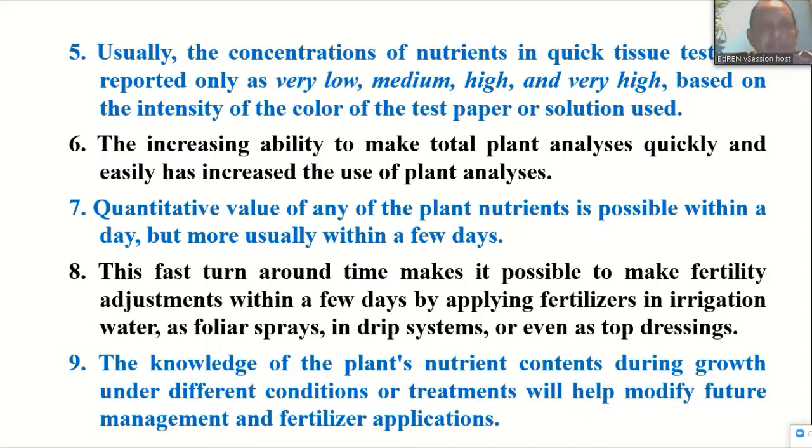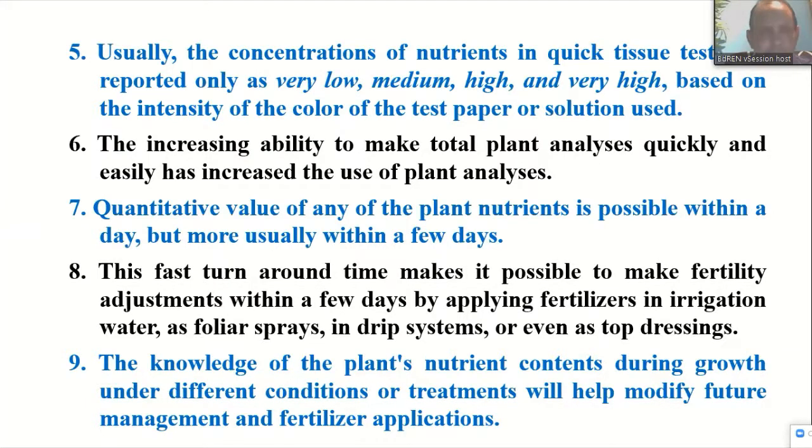Increasing ability to make total plant analysis quickly and easily has increased the use of plant analysis. That means total plant analysis can be done quickly, using current-day techniques. A quantitative value of any of the plant nutrients is possible within a day, but more usually within a few days.